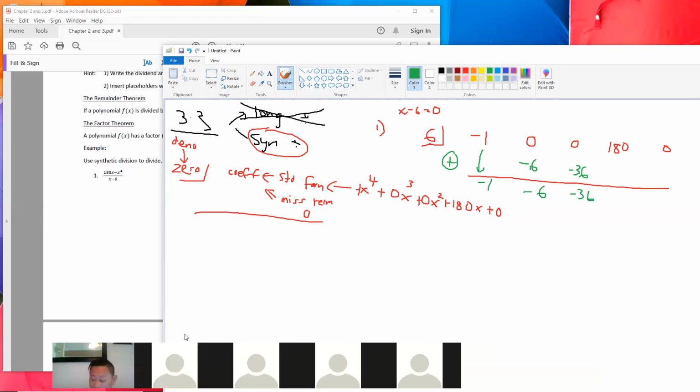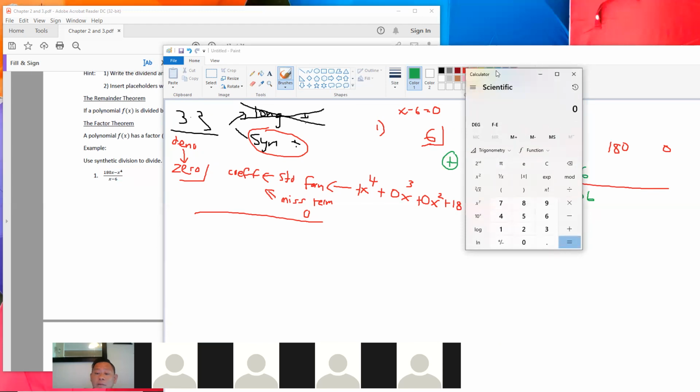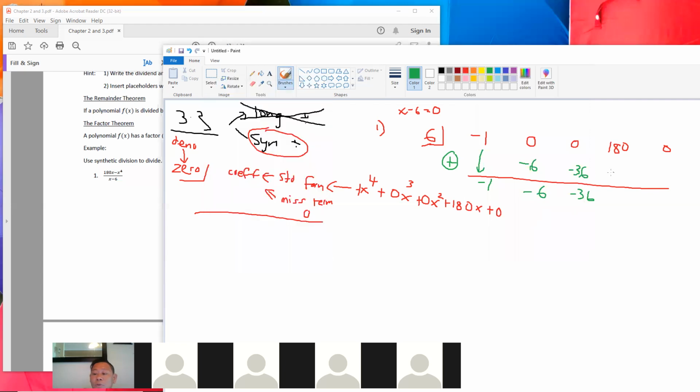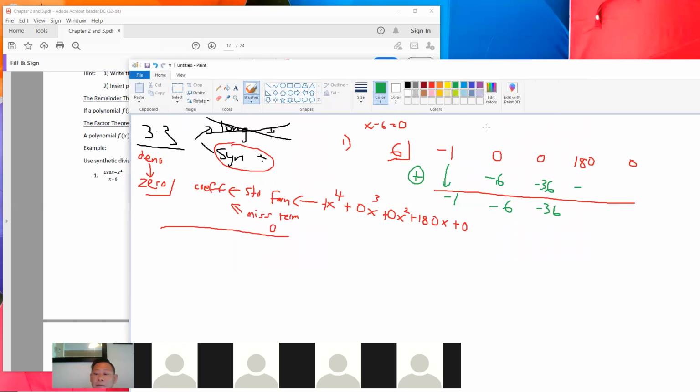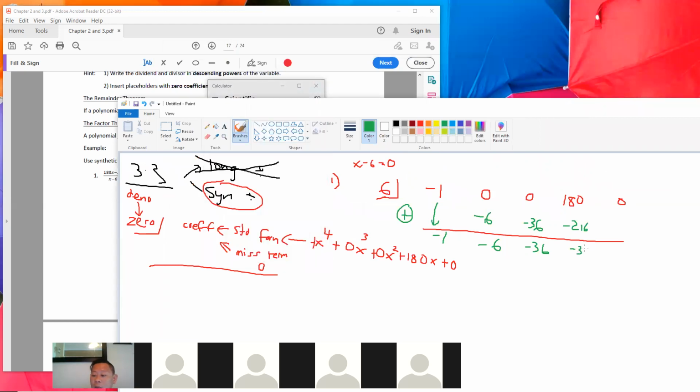Multiply again. What is 6 times -36? 6 times 36 is 216, so -216. Add this up: 180 minus 216 is -36. Then multiply it with 6 again. This is -216, and you add with 0, you get -216.